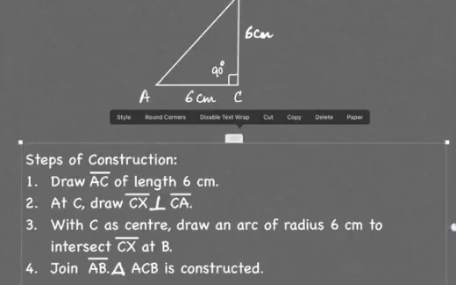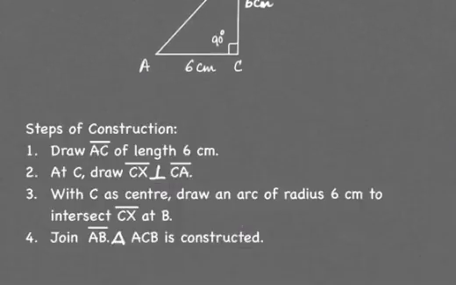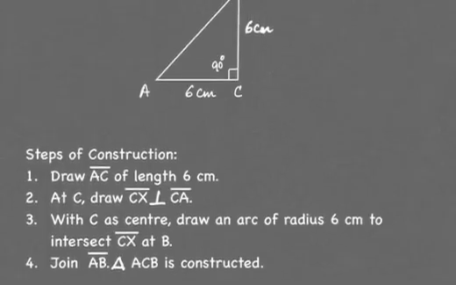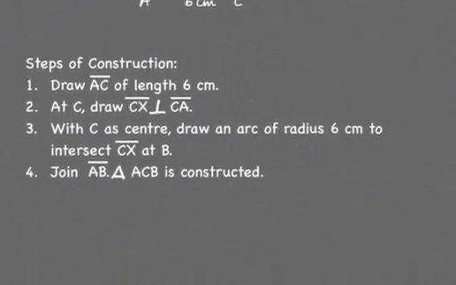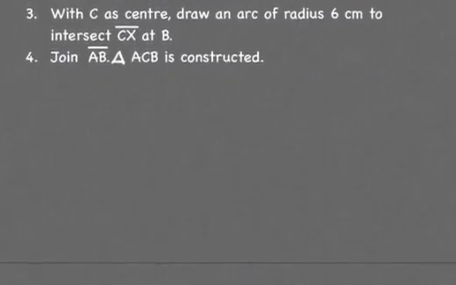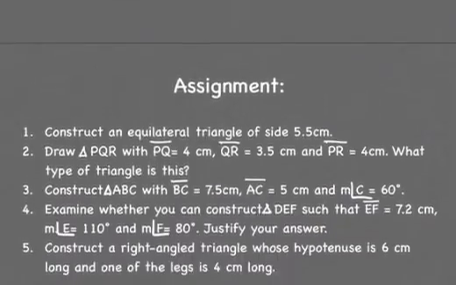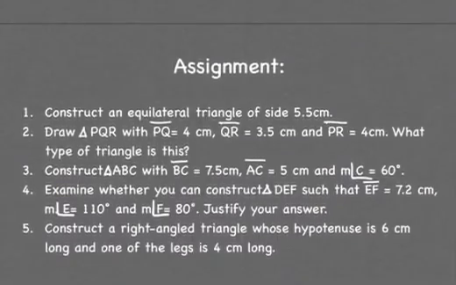Then with C as center, draw an arc of radius 6 centimeter to intersect CX at B. Join AB, hence ACB is constructed. I hope all of you have understood the construction of triangles according to different criteria.